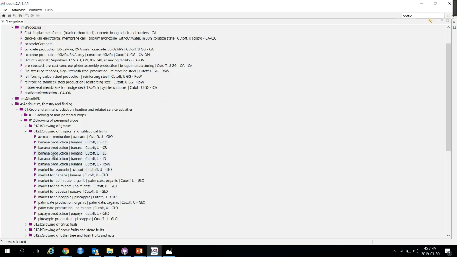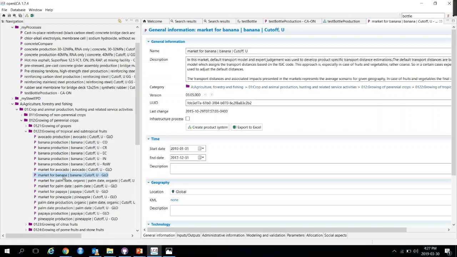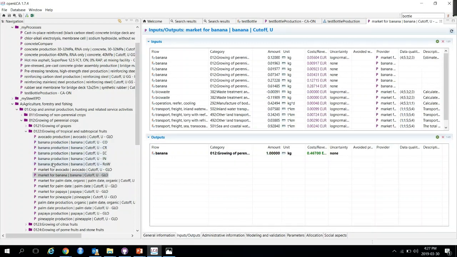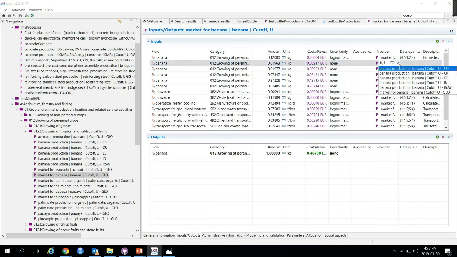So if we look at banana production here, let's look at the market for, and then what we should see as an input for the market for banana is a mix of these processes that are transforming processes. So as we expected, we see we have banana flows coming in, and if we look at the providers, we can see that it's basically a mix from different regions.